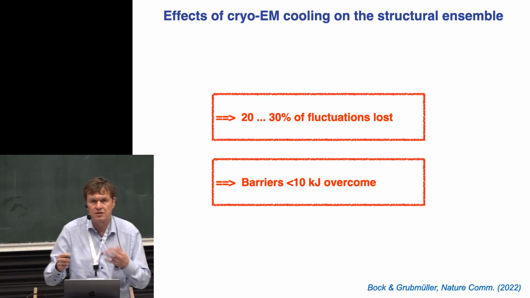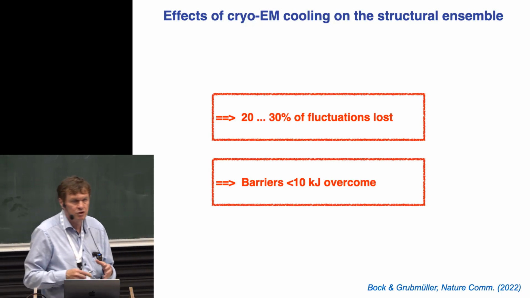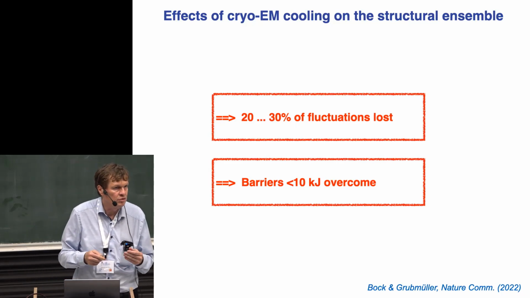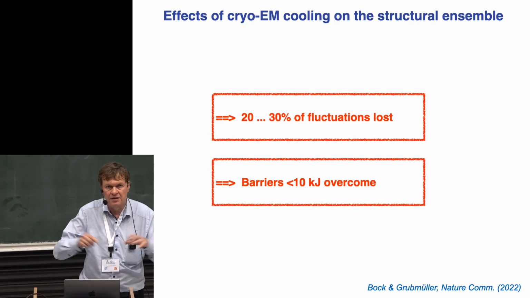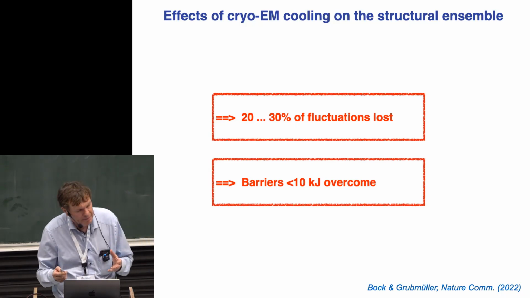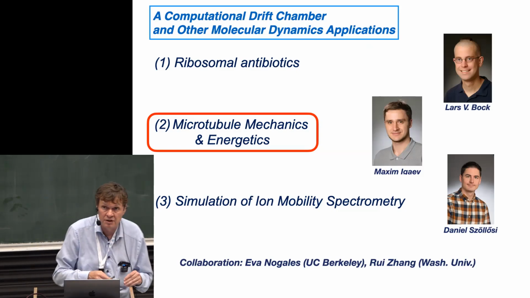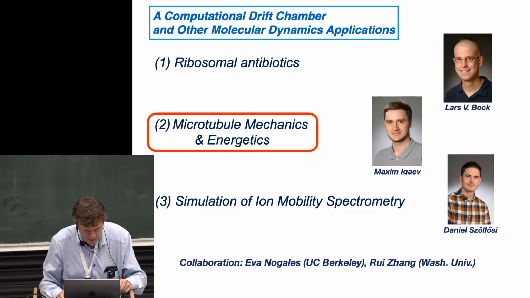And for the experts, in the process of shock freezing, barriers of about a maximum of 10 kilojoules are overcome, and higher barriers are already trapped, so it's fast enough. So that was Lars Bock's work, who's the specialist for ribosomes in my group.